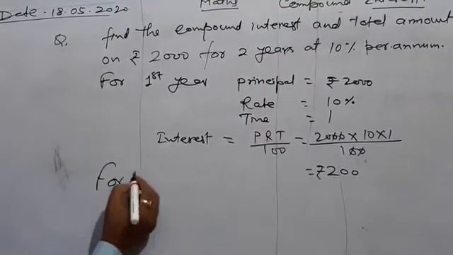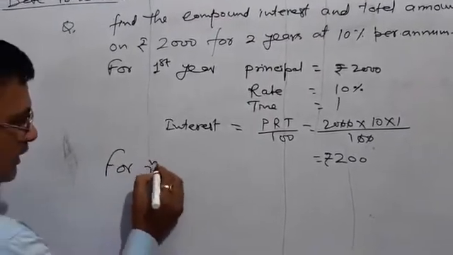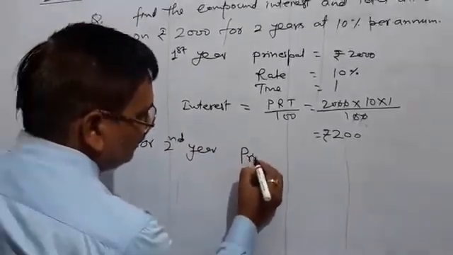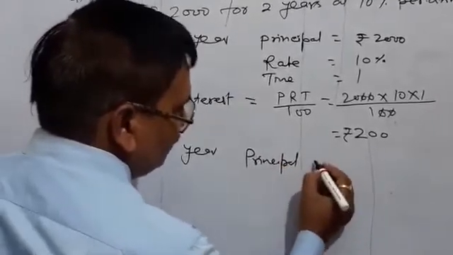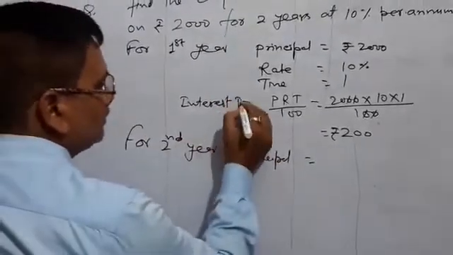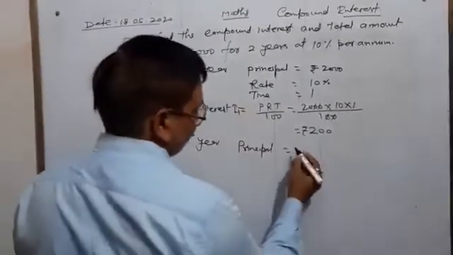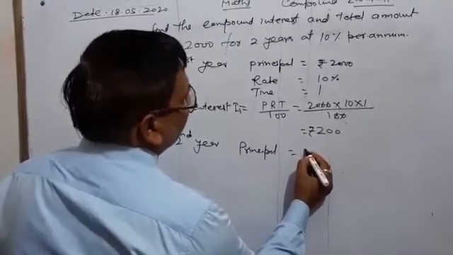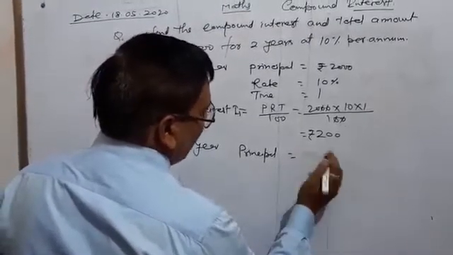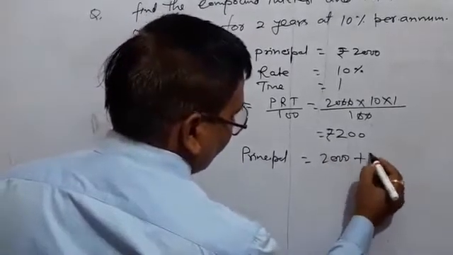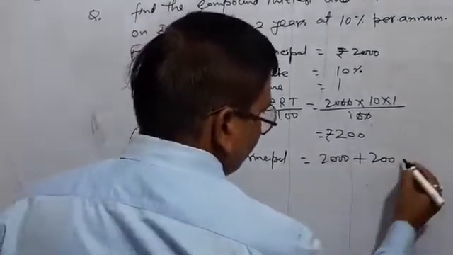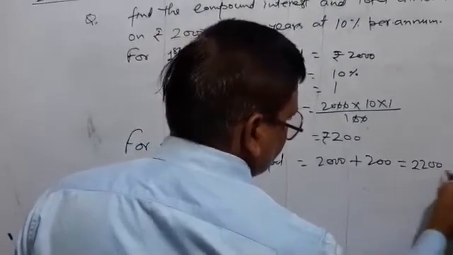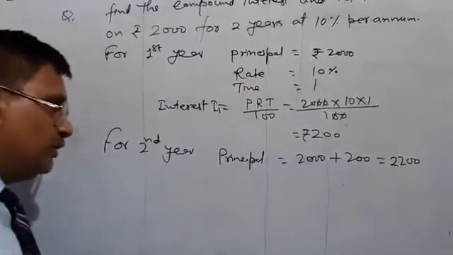For the second year, the principal is equal to principal plus the interest, this interest is denoted by I1. You have 2000 plus 200 is equal to 2200 rupees.